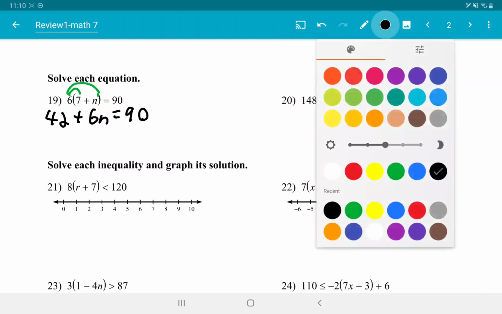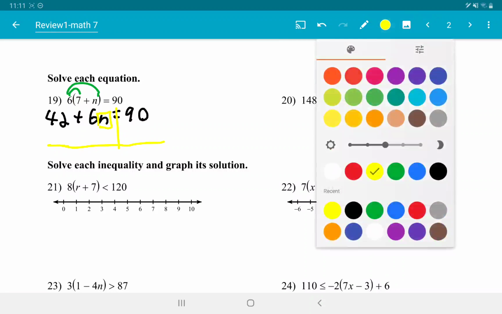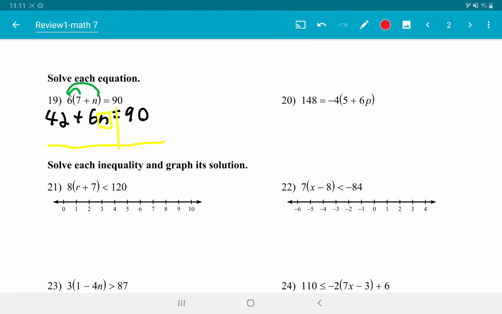Okay. From there, I know that a lot of you are taught to isolate the variable and build that wall. So let's go ahead and do that. Now, before I isolate that variable completely with that 6, I want to move over that 42.